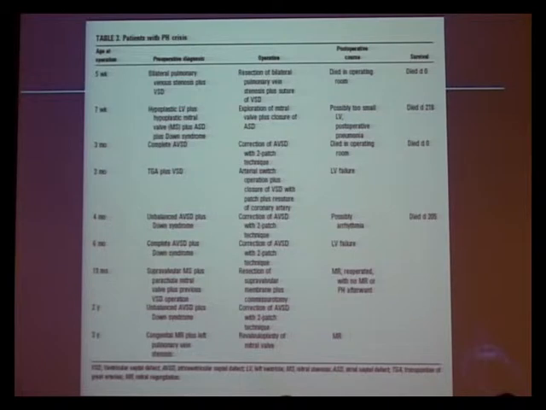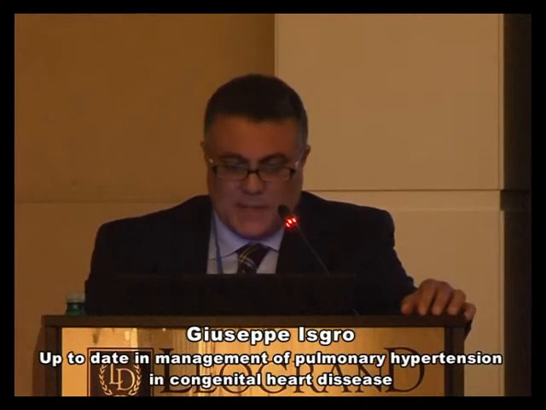And in effect, in this group, they had more or less 50% mortality. 4 patients out of 9 died. And 2 of these 4 patients died in the operating room directly. They were not able to be weaned from the cardiopulmonary bypass.